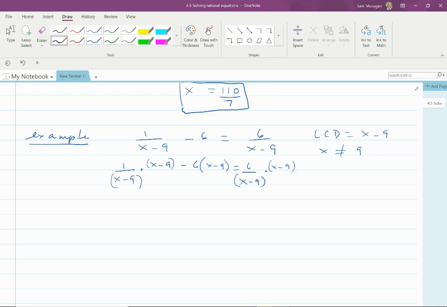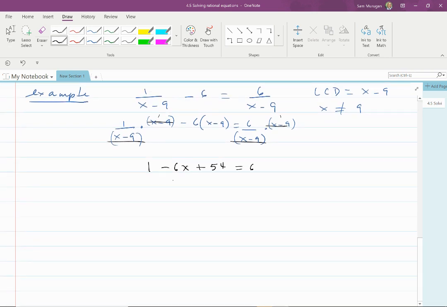Then we go ahead and cancel. So we've got 1 times 1 here. Distribute right here. So negative 6 times x is negative 6x. And negative 6 times negative 9 is positive 54, is equal to 6. Collect like terms. We have negative 6x plus 55 is equal to 6.